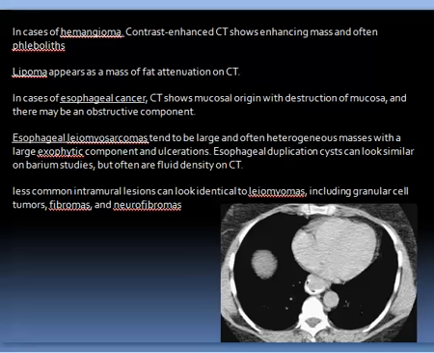Esophageal duplication cysts can look similar to this appearance, but are often of fluid density on CT. Less common intramural lesions can look identical to leiomyoma, including granular cell tumors, fibromas, and neurofibromas.